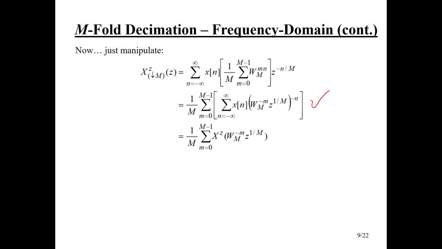Suppose that I didn't have this there, and I didn't have this there. I just had a z there. What is this thing in the square brackets? That is the z transform of x. So this would be the z transform x superscript of z.